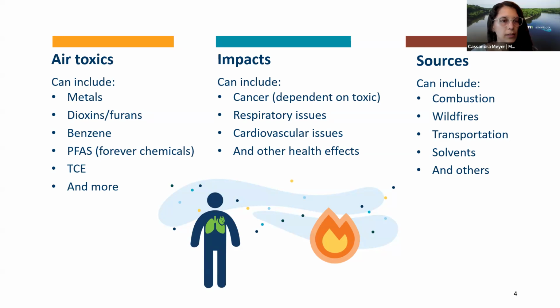Impacts from air toxics can include cancer, dependent on the specific pollutant. Not all of them have a cancer endpoint, but it can also include respiratory issues, cardiovascular issues, and other health effects.